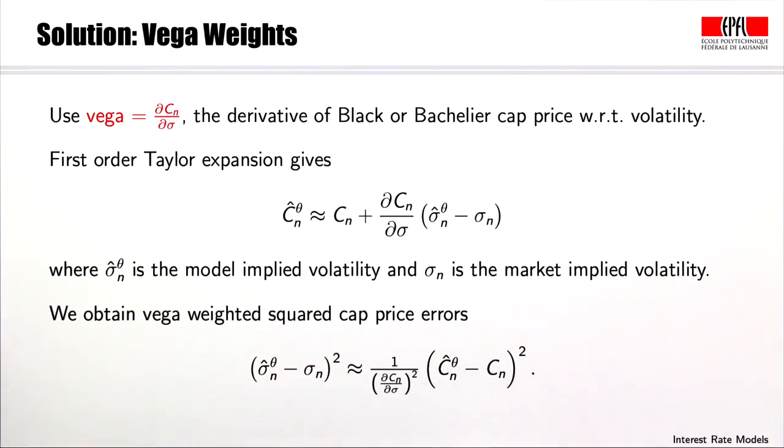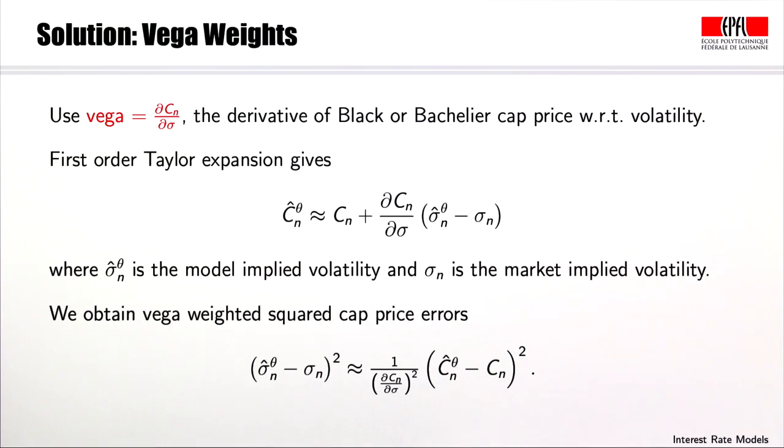We can then express the squared implied volatility error as a weighted squared cap price error as shown here.